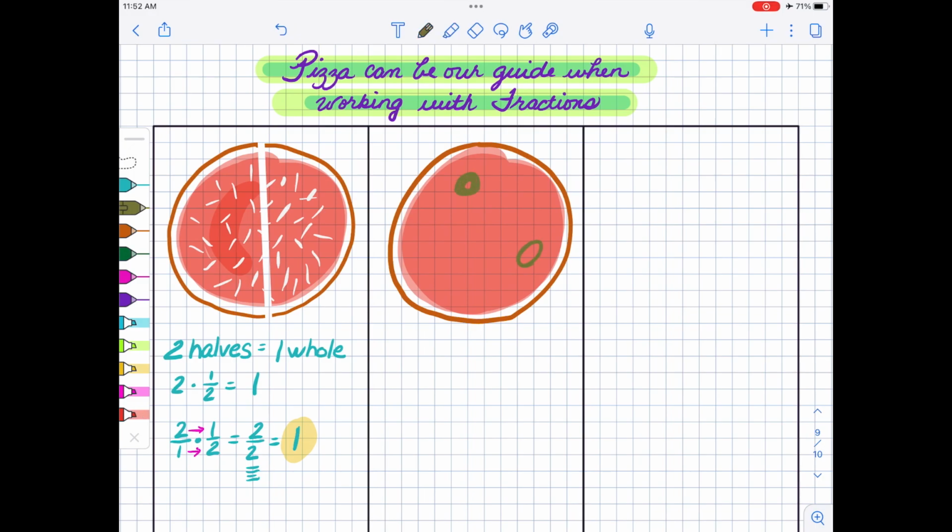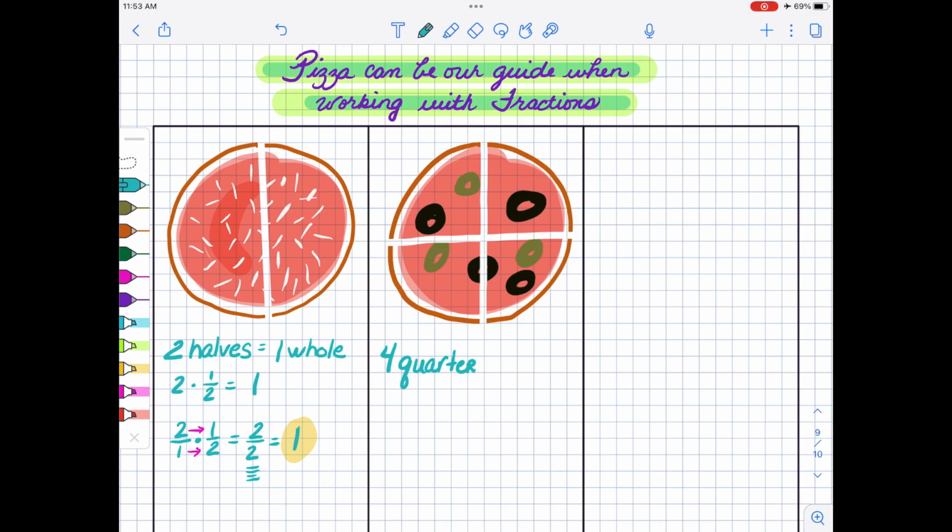Now let's see if this is true when we divide a pizza into 4 parts. Again, we can write 4 times 1/4 equals 1 as a multiplication problem because visually we know that this is true. Written in words, 4/4 is equal to 1 whole, or we can also say 4/4 is equal to 1.